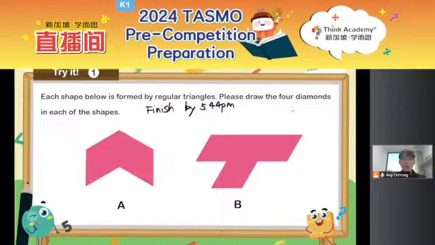Let me read the question for you. Each shape below is formed by regular triangles, okay? Use regular triangles to form these 2 shapes. Okay, please ignore the second sentence.